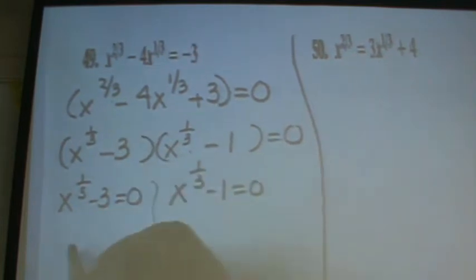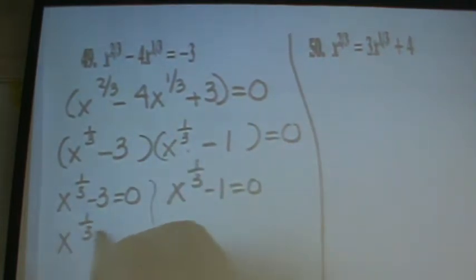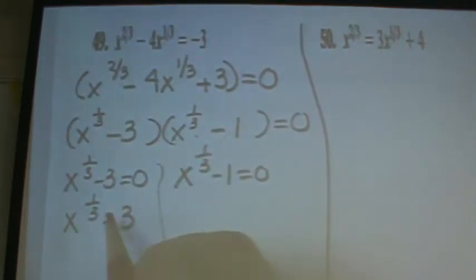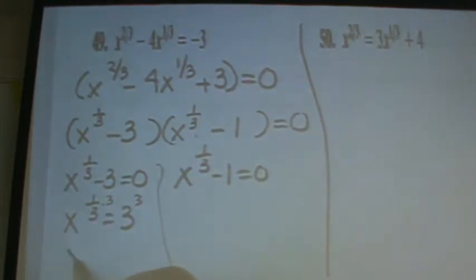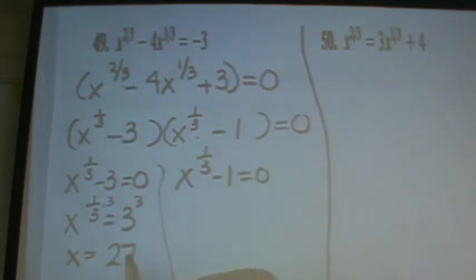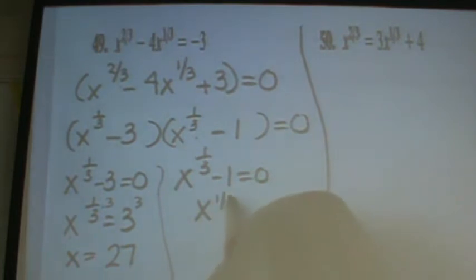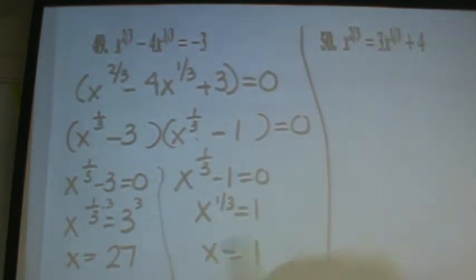So add 3. And now you're going to cube both sides. So in other words, x is equal to 27, because 3 cubed is 27. Same with this, add 1. And then cube both sides, and x is still 1.